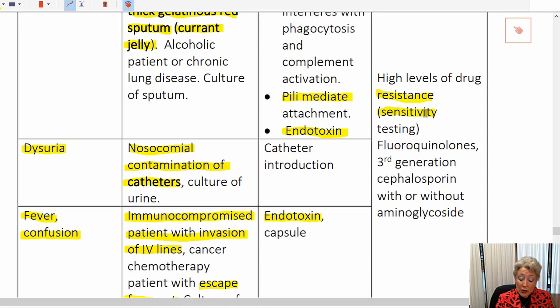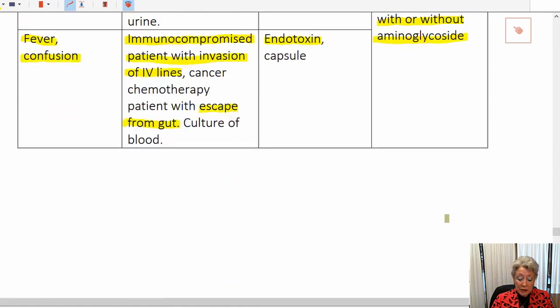And so realize, although I would start with fluoroquinolones or third-generation cephalosporins with or without an aminoglycoside, I need to set up my sensitivity testing, and it's really very likely that I will be caused to change my choice within a short period of time when the lab results come back. So tremendous amounts of drug resistance in the gram-negative rods overall, but Klebsiella is hugely resistant in many cases.